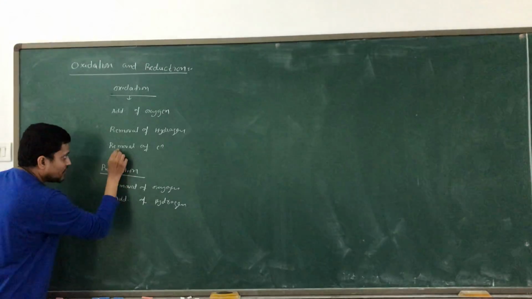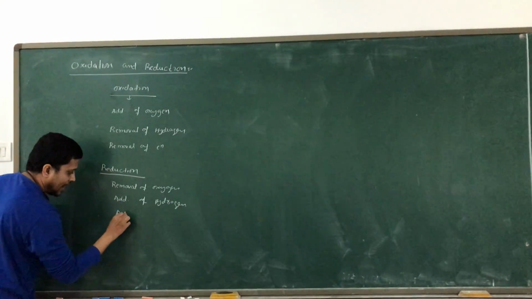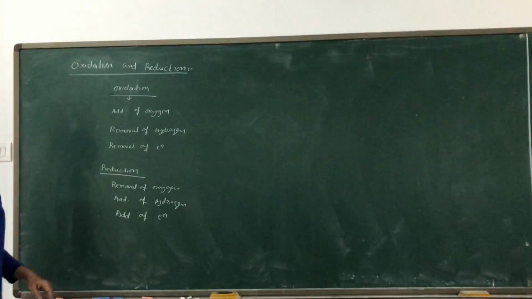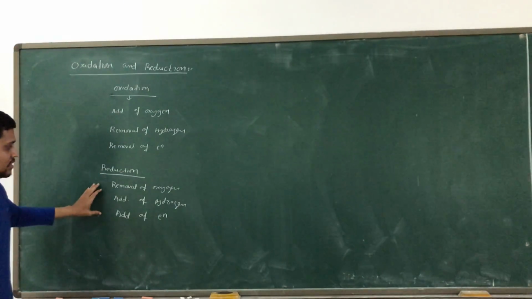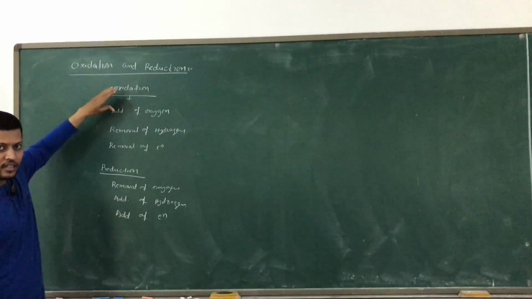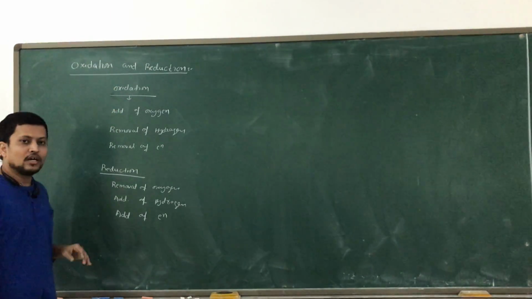And as we said removal of electron for oxidation, here we have addition of electron. So these things are quite easy to remember. If you remember what oxidation is exactly, then the opposite of that is going to be reduction.